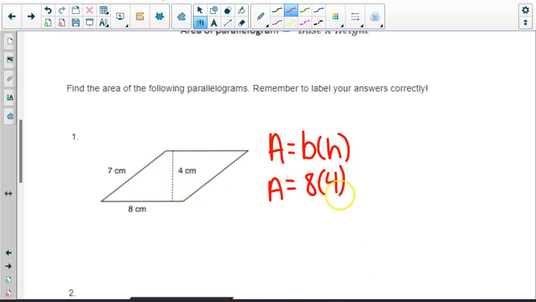Remember, it's what makes a right angle and it connects the bases. Don't let that extra 7 get to you. So area is equal to 32, and I have to label it centimeters squared. Please remember that area is always squared units.